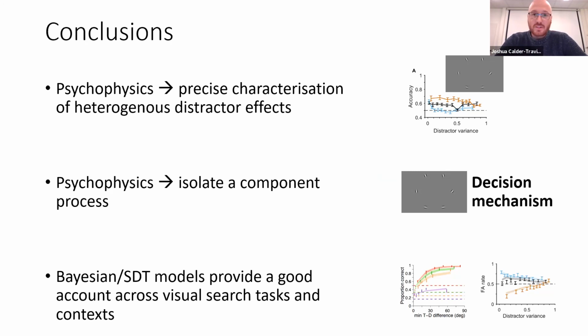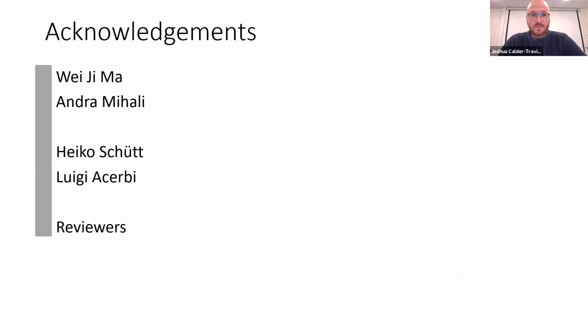And Andrew also looked to some extent at the encoding of information. Using both these features, we were able to test a Bayesian variant of signal detection theory, and found that Bayesian signal detection theory models can provide a really good account across different visual search tasks and also across different contexts in visual search tasks.